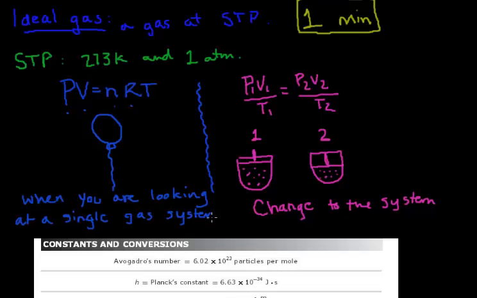System is just kind of the word for a thing, basically, a set of gas. And so when we're looking at a single system, we're going to use PV equals nRT.